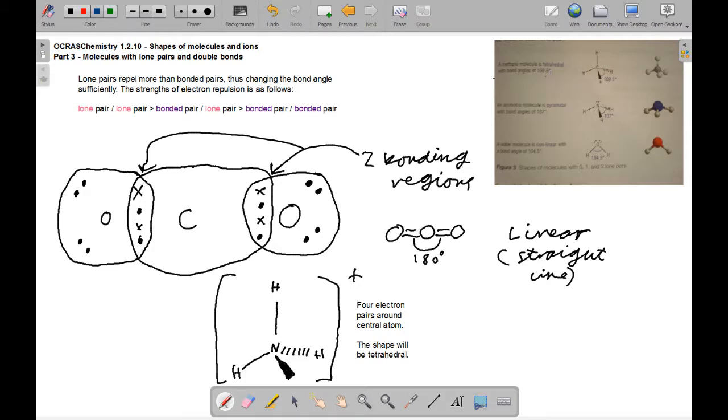And looking to the right here, an ammonia molecule is pyramidal, as it has 1 lone pair and 1, 2, 3 bonded pairs, so it must have a 107-degree bond angle, and water is non-linear as it has 2 lone pairs, because it's only got 2 bonded pairs.